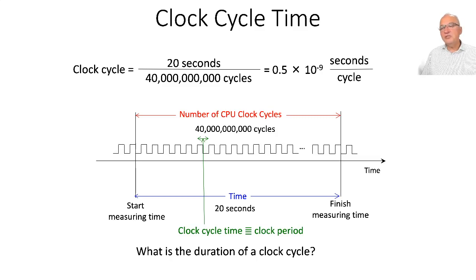And the unit will be seconds per cycle, because that's the amount of time that it takes for each one of the cycles. So now we have reviewed how to measure frequency and how to measure clock cycles. The other way that I can express this time is to say this is 0.5 nanoseconds, because 1 nanosecond is 10 to the minus 9 seconds.